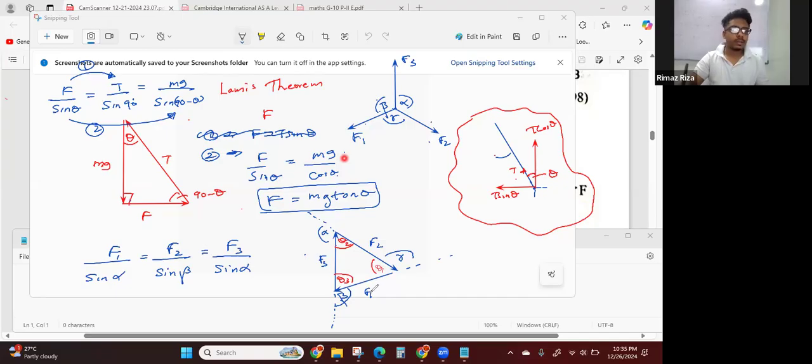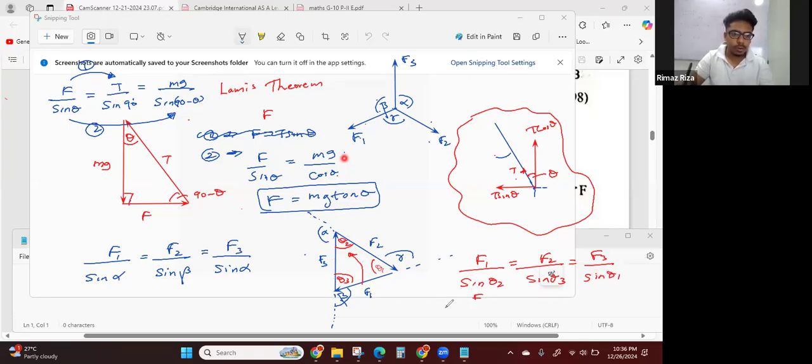And then I write, consider this F1, opposite to this theta 2: F1 over sine theta 2 equals F2 over sine theta 3, equals F3 over sine theta 1. Opposite to this is theta 1.